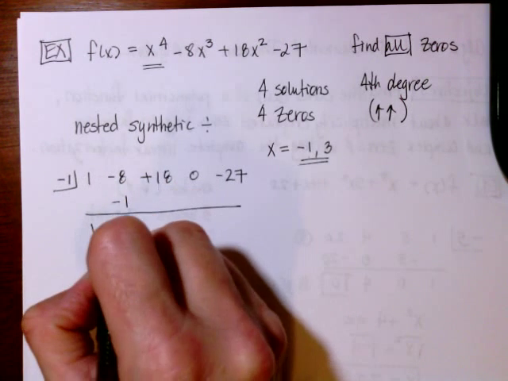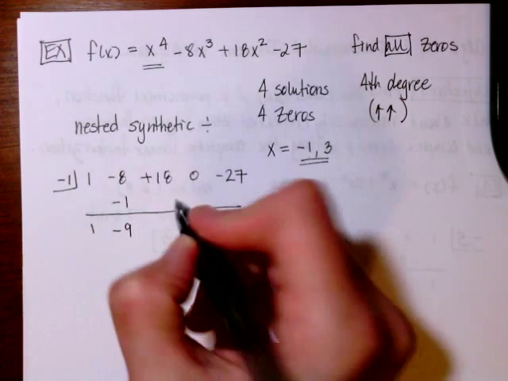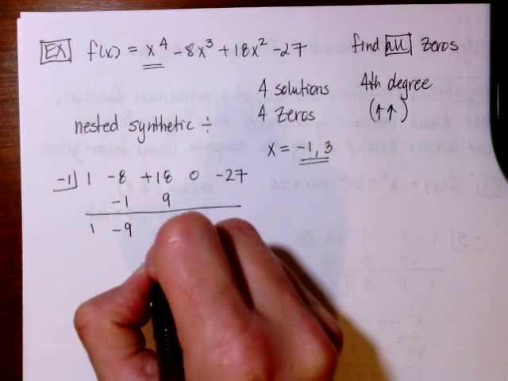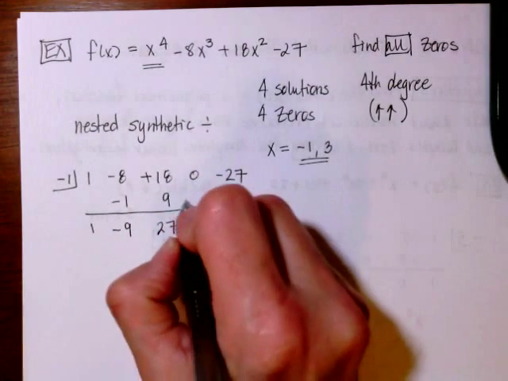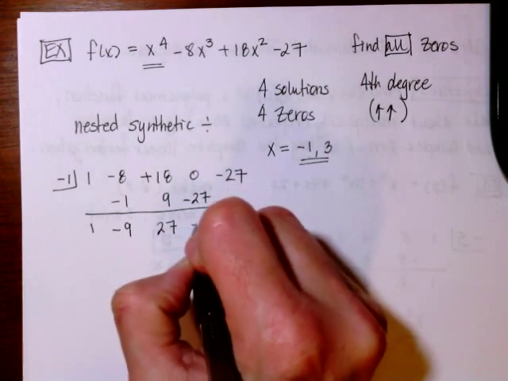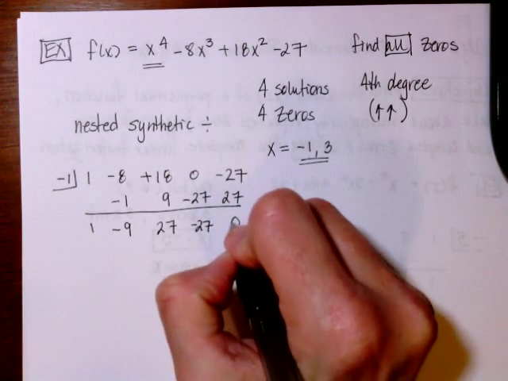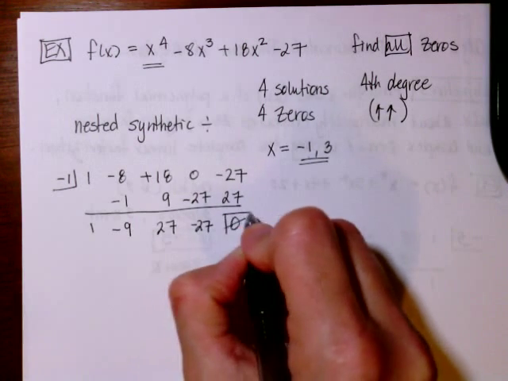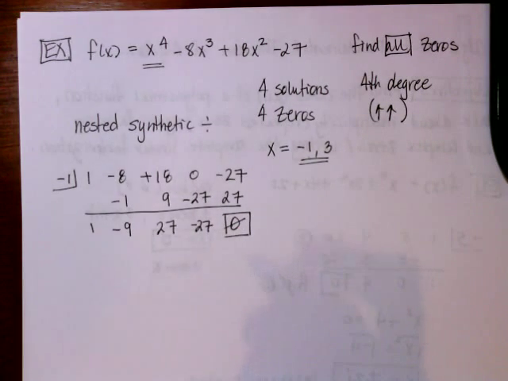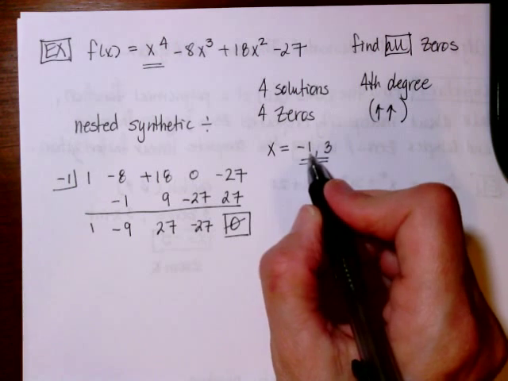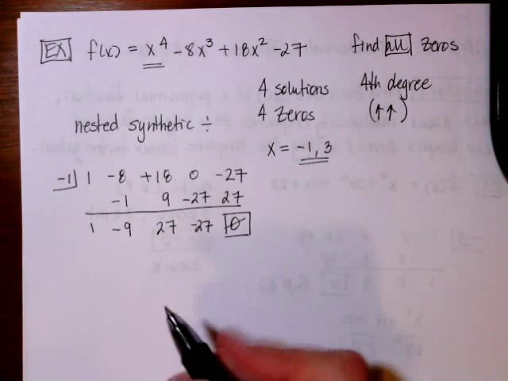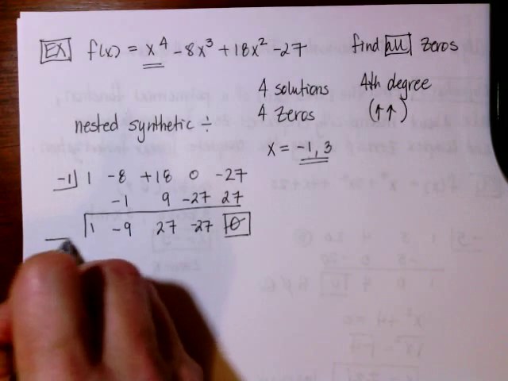So I have a -1, add -9, +9, 27, -27, -27, +27, and 0. That 0 is significant because it tells me that the -1 is actually a 0, which is nice. It just tells me I didn't screw up.